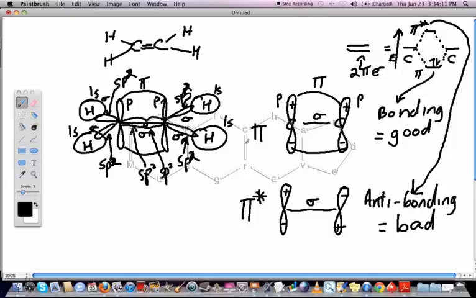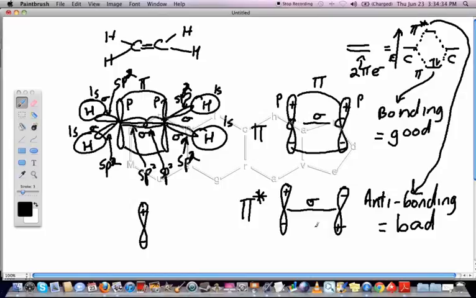Now one thing we need to know about p orbitals is that they exist in two phases. We have a phase up the top and a phase down the bottom. If these phases match, then that's what we call bonding, and that's a good thing. That's when the p orbitals overlap and we get the pi bond.